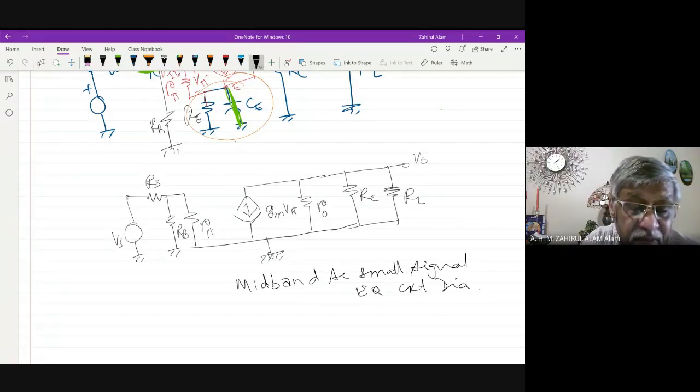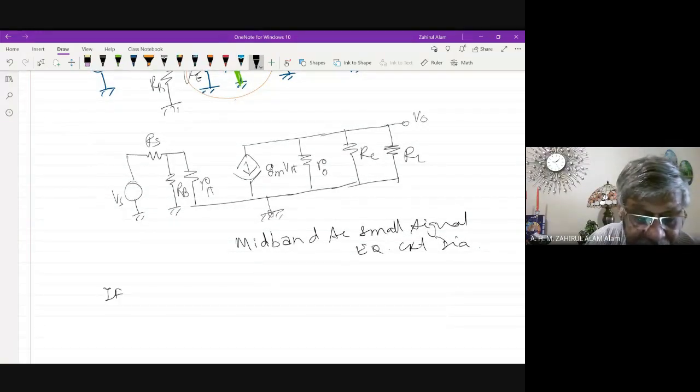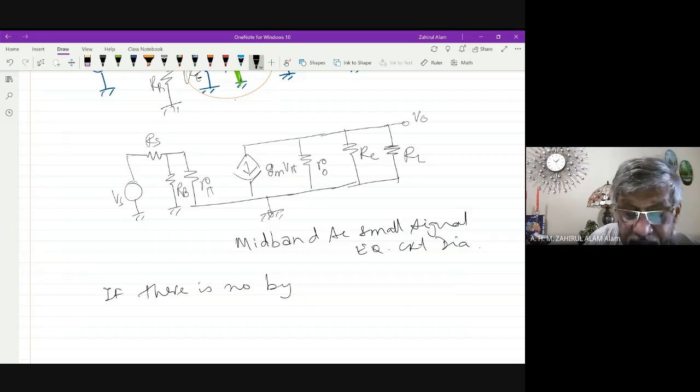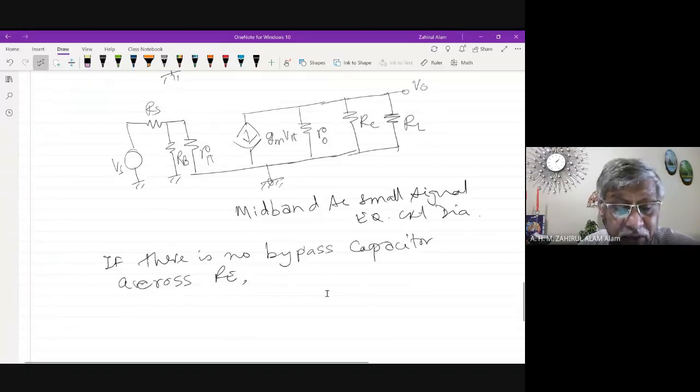If RE is not bypassed, then what will happen? If there is no bypass capacitor across RE, then how can we draw?